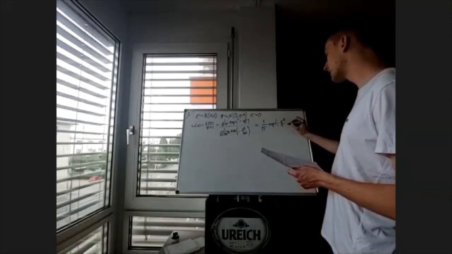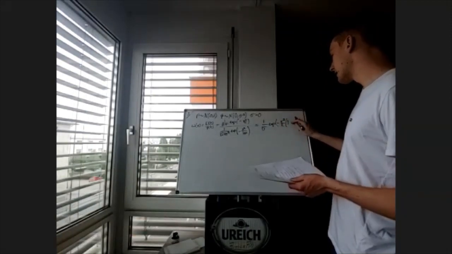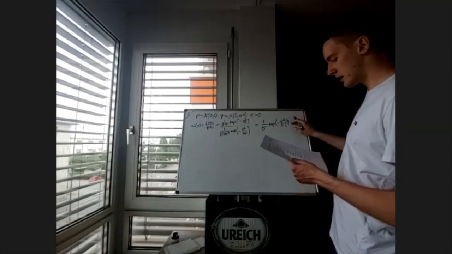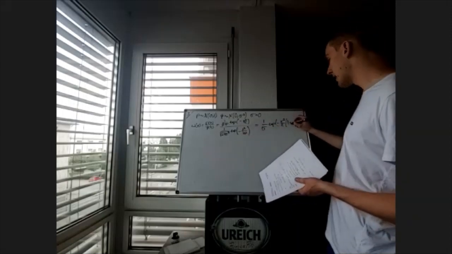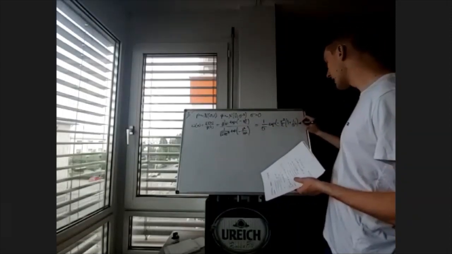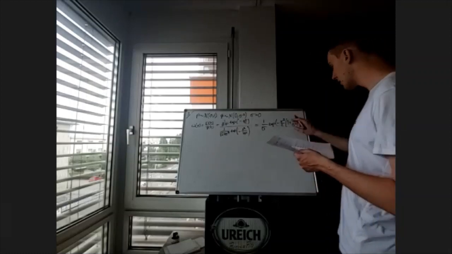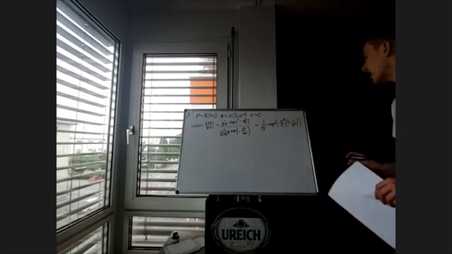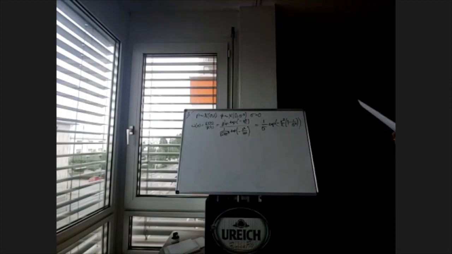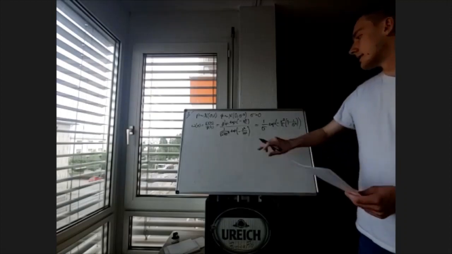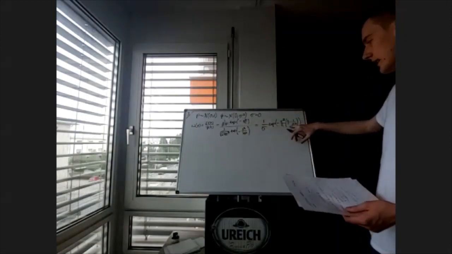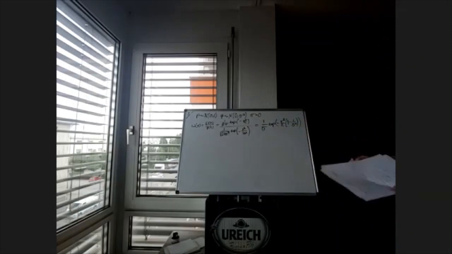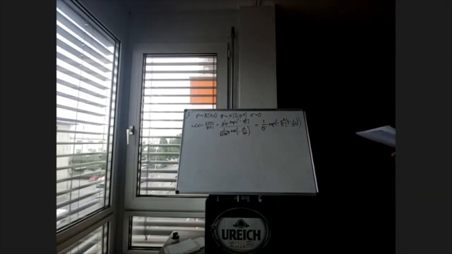X squared, okay, and this is 1, and this is plus 1 over sigma squared. Is that right? No, apparently it's minus. Of course, because this is in the denominator, so this will be plus here. Now it works. So this was the part with W.